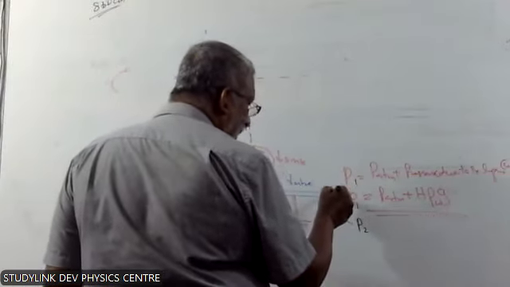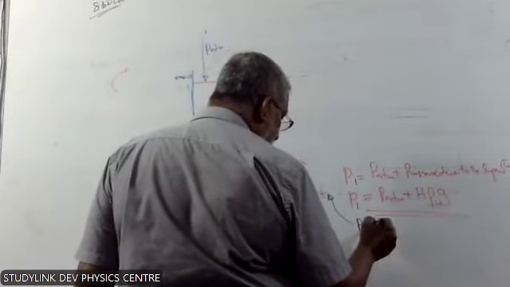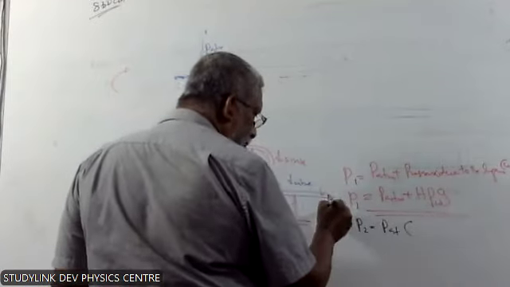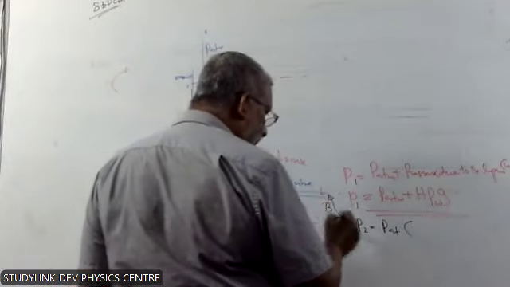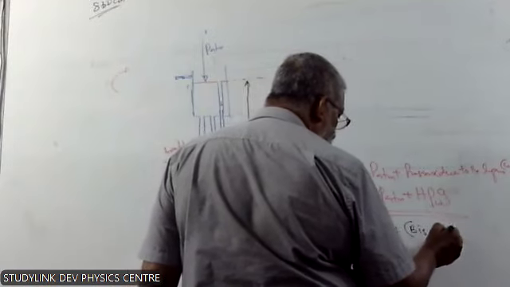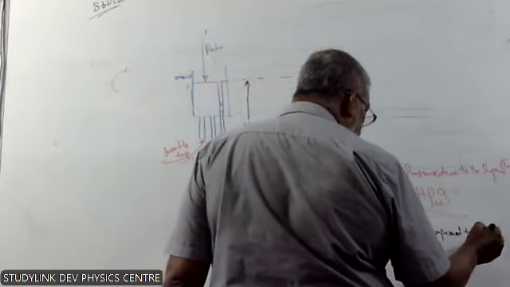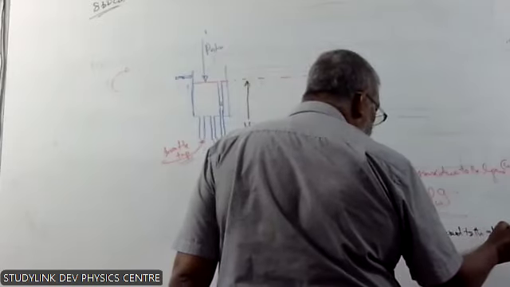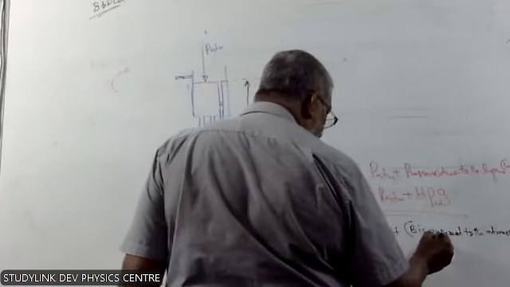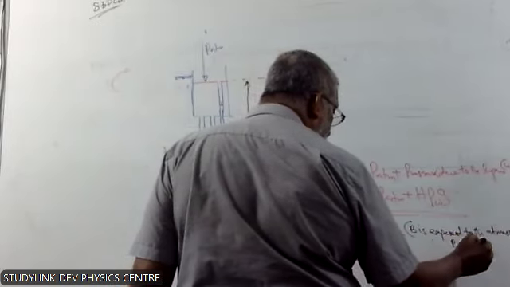P2 is exposed to the environment, so this is P atm. Because B is exposed to the atmosphere, therefore the pressure is equal to P atm.